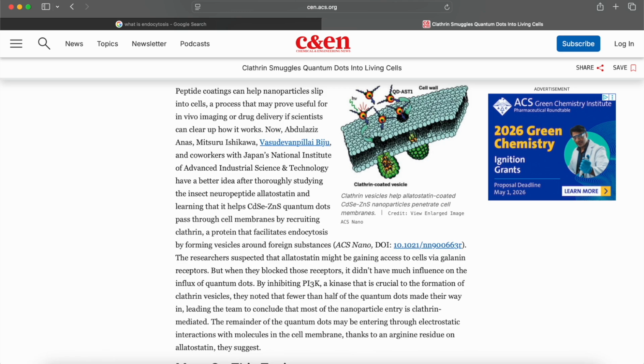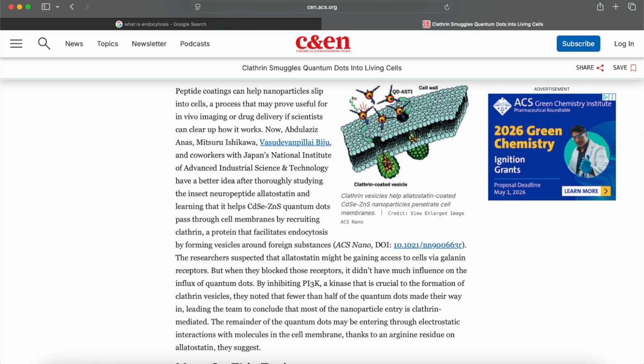Now, Abdulaziz, Mitsuru, and co-workers with Japan's National Institute of Advanced Industrial Science and Technology have a better idea after thoroughly studying the insect neuropeptide allostatin and learning it helps calcium selenide/zinc sulfide quantum dots pass through cell membranes by recruiting clathrin, a protein that facilitates endocytosis by forming vesicles around foreign substances.